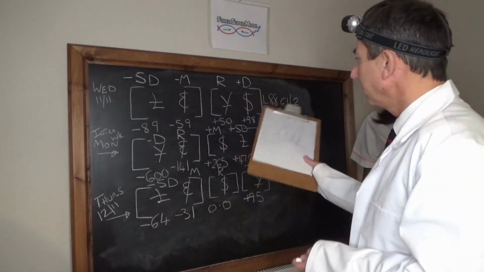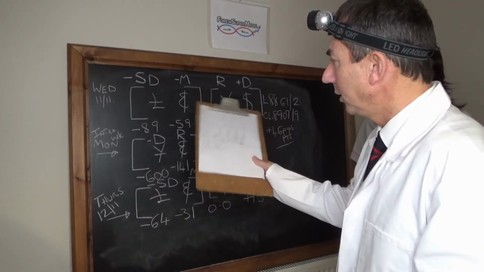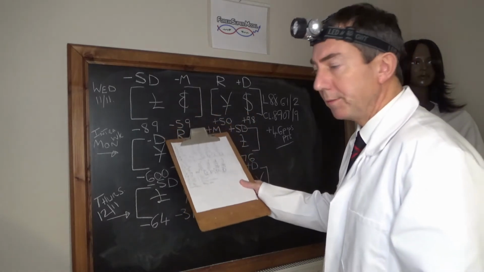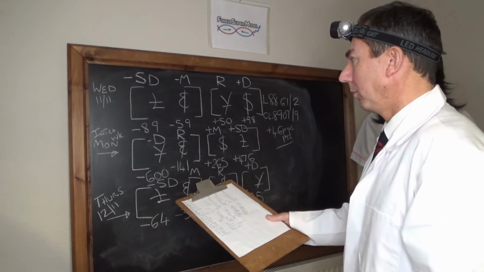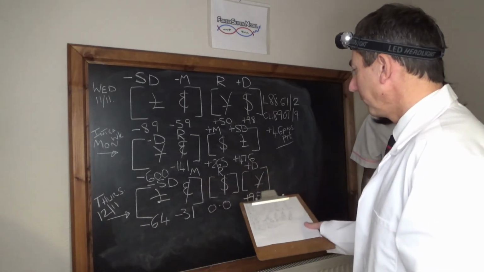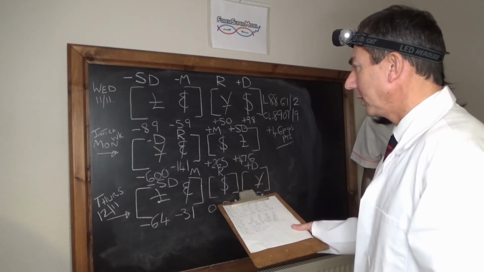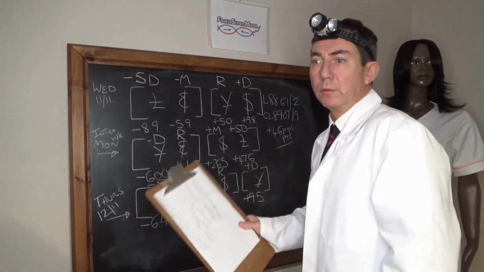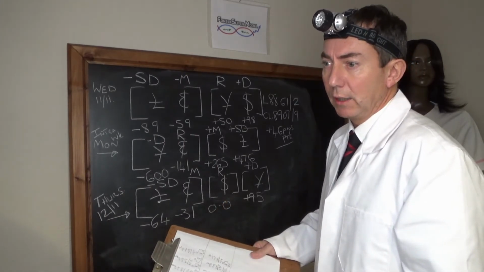As I said, we've got a continuation of pound weakness, and we've also got yen strength. Without sounding like a broken record, this is going to be highly dependent on the equity market.